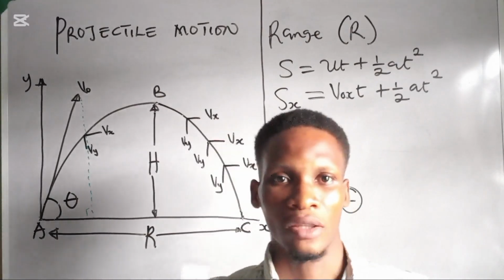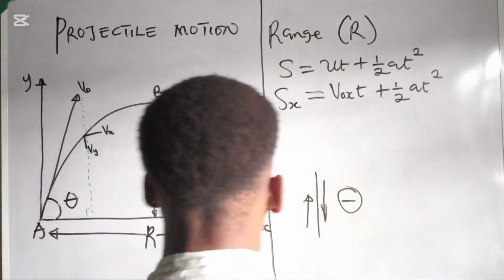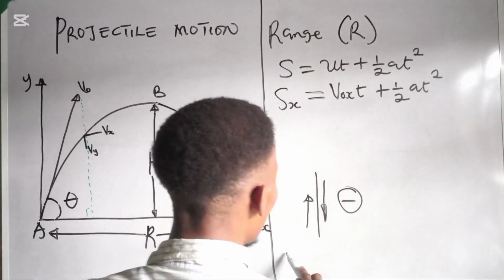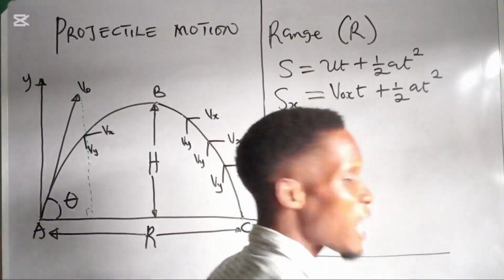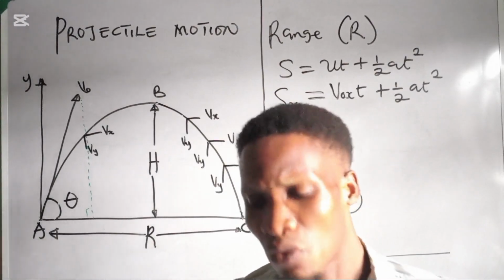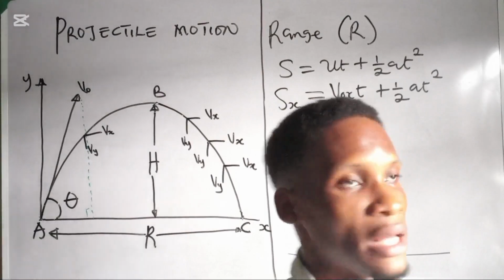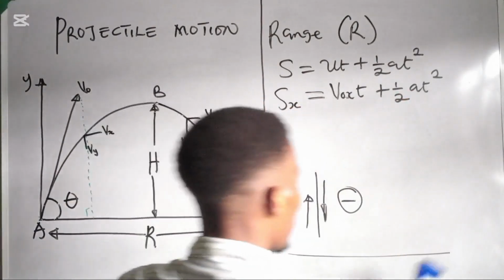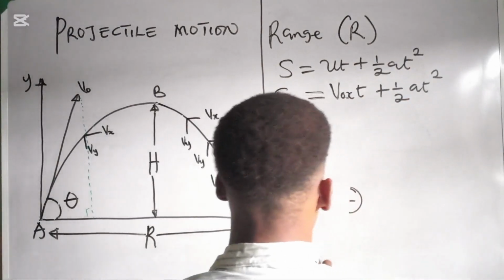That is what we call counter motion. But in this case, we are just considering the horizontal part. There's no action of force of gravity on the body because it's just a horizontal distance. So that's why it still remains a positive sign. All right, don't be confused by that.